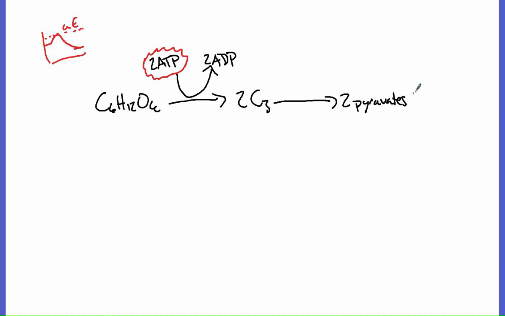Now those pyruvates also have 3 carbons, but I've kind of shuffled those carbons a little bit. And this is actually exothermic. It's catabolic. It's going to power the production of 4 ATP from 4 ADP molecules.